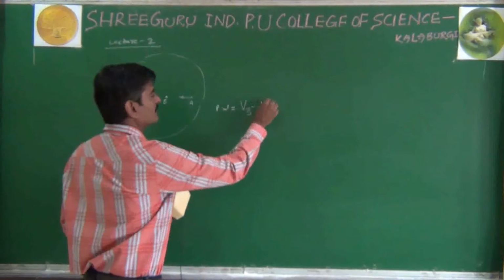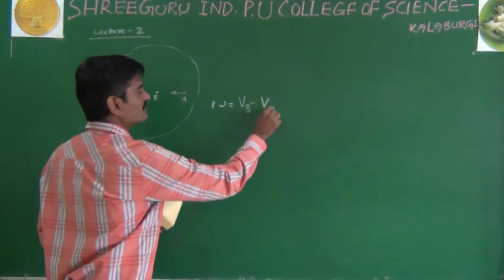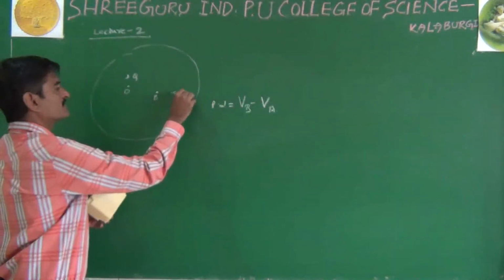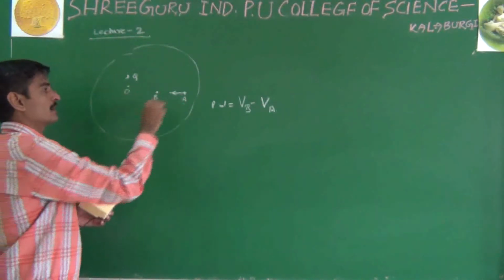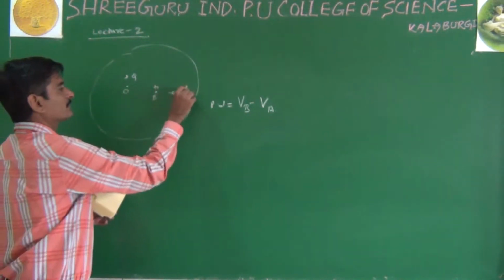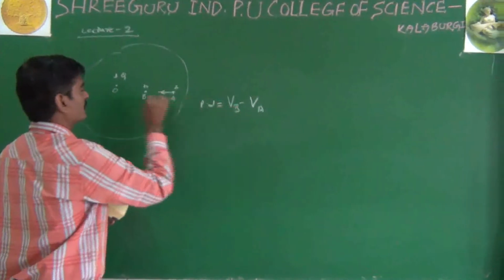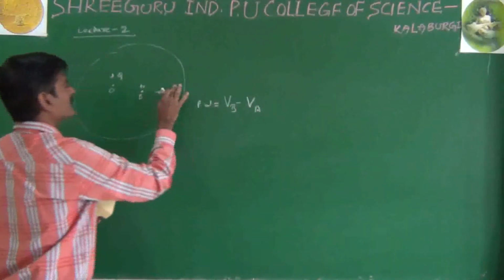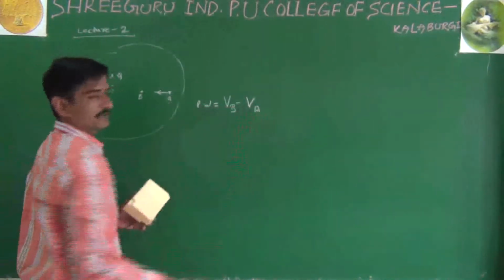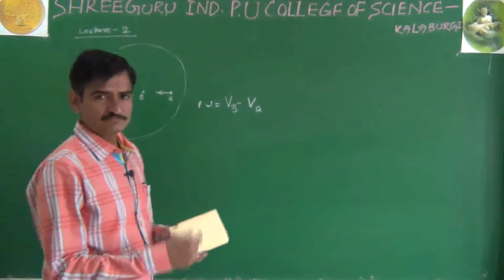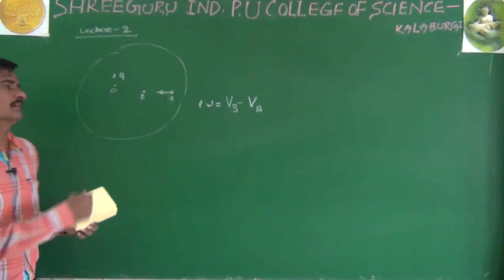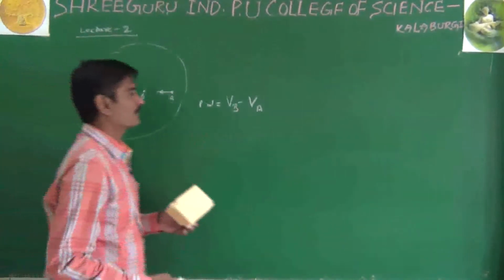The charge is moving from A to B, so the final point is B and the initial point is A. Therefore, VB minus VA. In the same way, UB minus UA we also write like this.